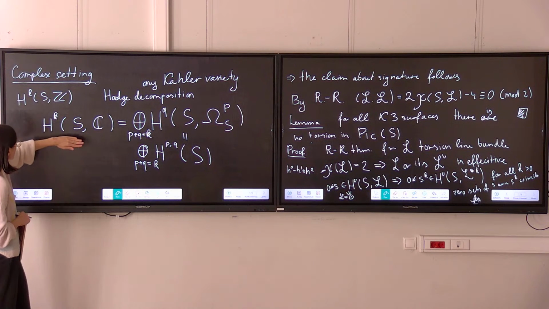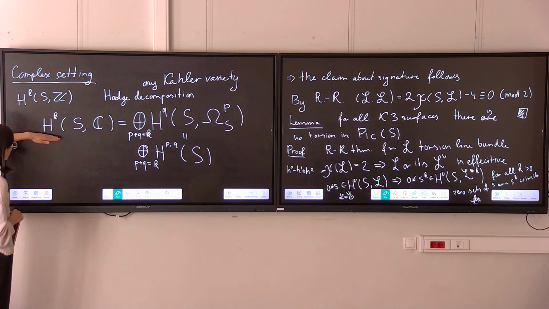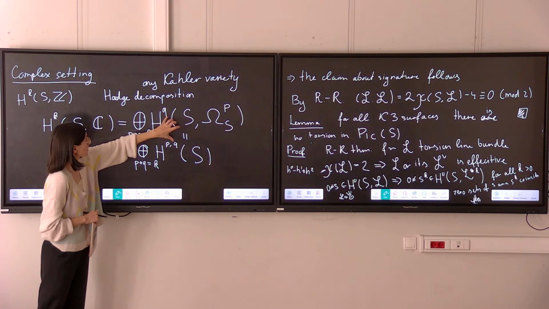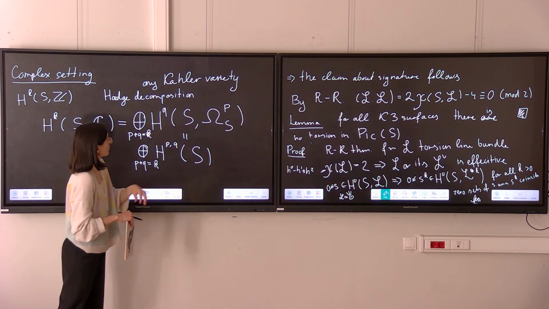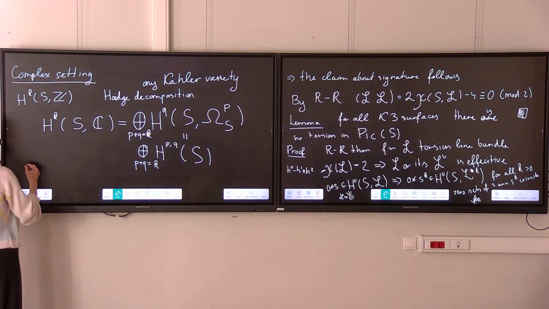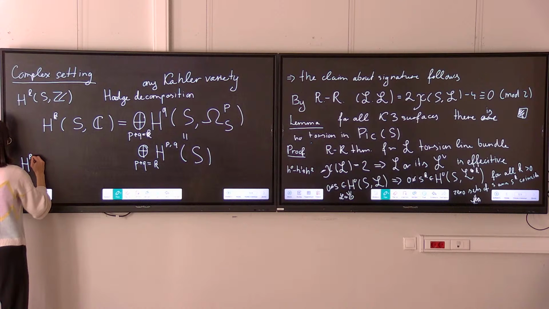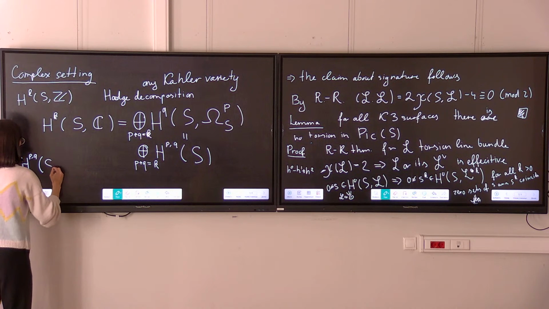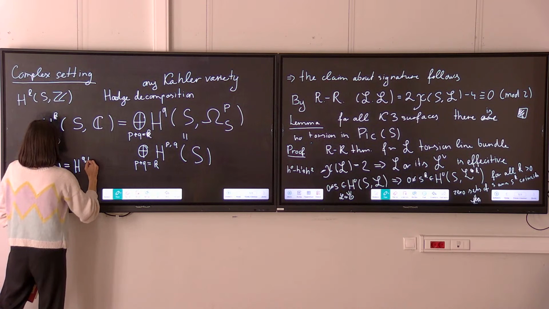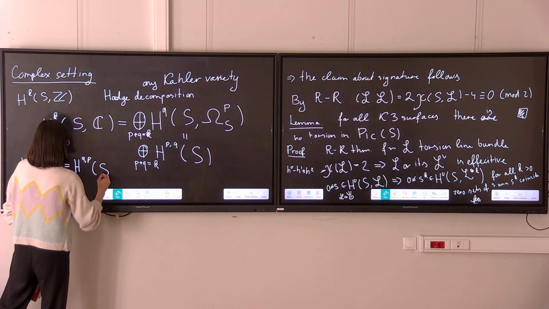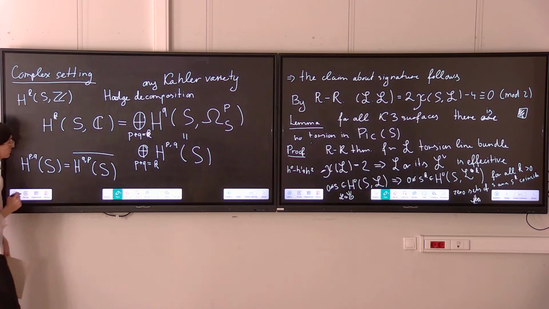And the statement is that the singular cohomologies of S, tensor C, can be decomposed in the following direct sum of complex subspaces in such a way that H^{p,q}(S) is just conjugate to H^{q,p}. Okay? This is the statement.